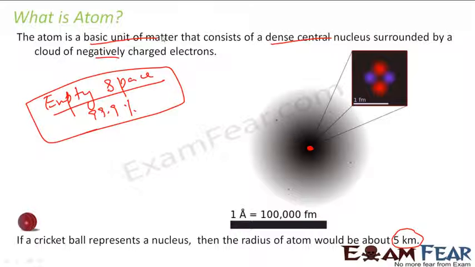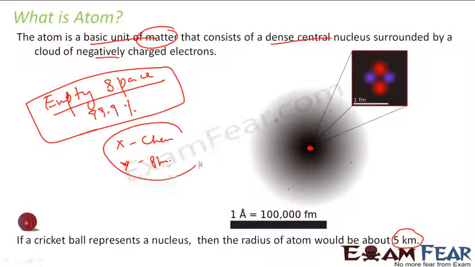And when I say basic unit of matter, I mean that if I have an atom with a particular configuration, I can say that this particular object will have certain chemical or physical properties. Those things we can determine easily if we know the structure of the atom.